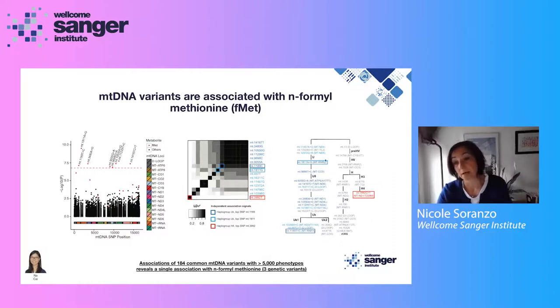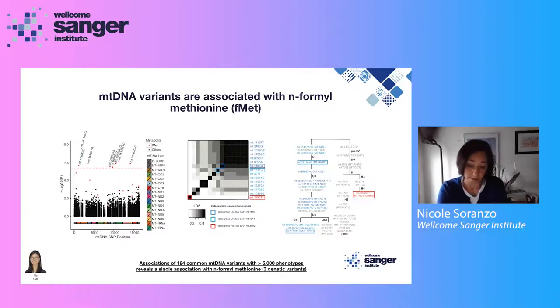And these 3 variants are in fact sitting on the early branch of the U haplogroup, at the end of the UK1 supergroup as part of the U haplogroup, and also on the H4 mitochondrial haplogroup. So overall, there are three independent associations linking N-formylmethionine with mitochondrial variants, and all of these have been replicated in an independent data set.